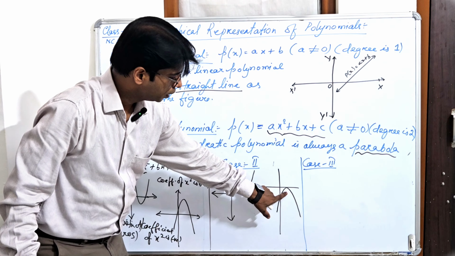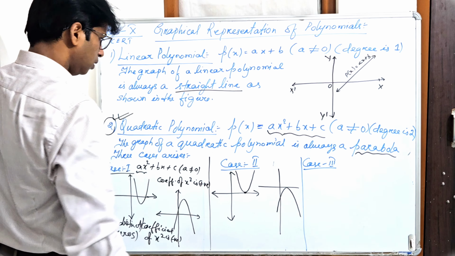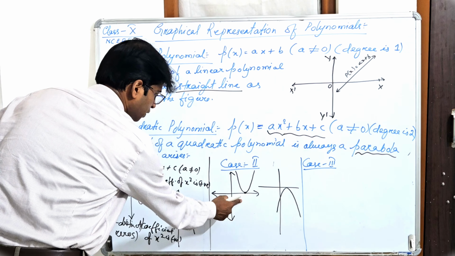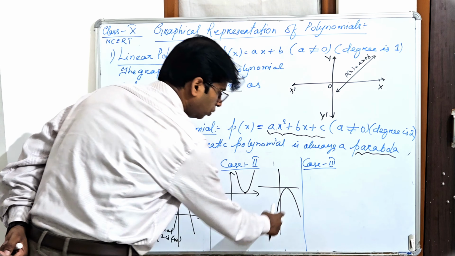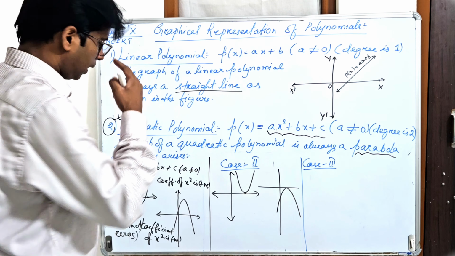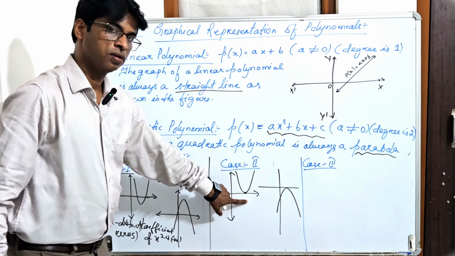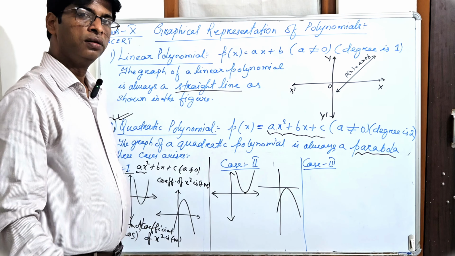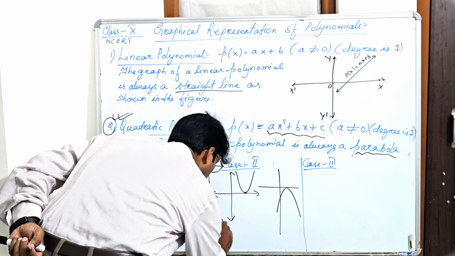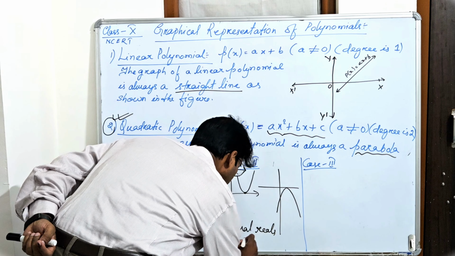Here also it is opening downward and touching the x-axis at one point. Therefore, in this opening upward, the coefficient of x square is positive, and if it is opening downward, the coefficient of x square is negative. But I can't say here two distinct zeros. I will say here two equal real zeros.